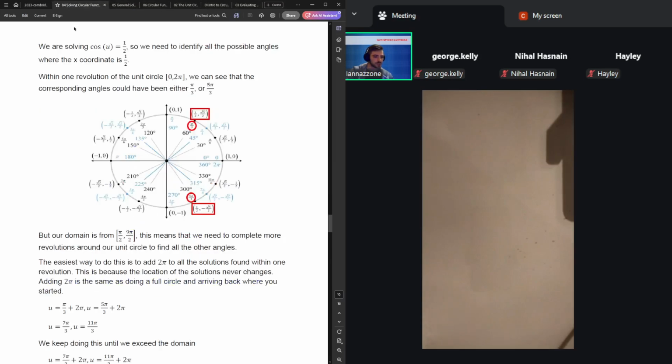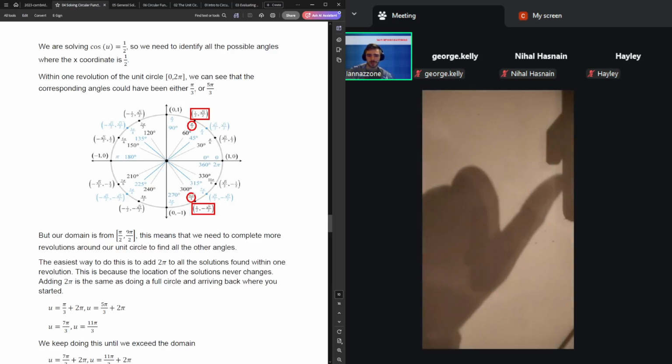How you do it in practice is even easier than that. Because you know that these are fixed spots on the unit circle, there's only two spots where the x value is equal to a half, and we also know that 2 pi is a full revolution. Once we have our two spots on the unit circle, all we need to do is either add or subtract 2 pi to these angles to get the next revolution or the previous revolution.